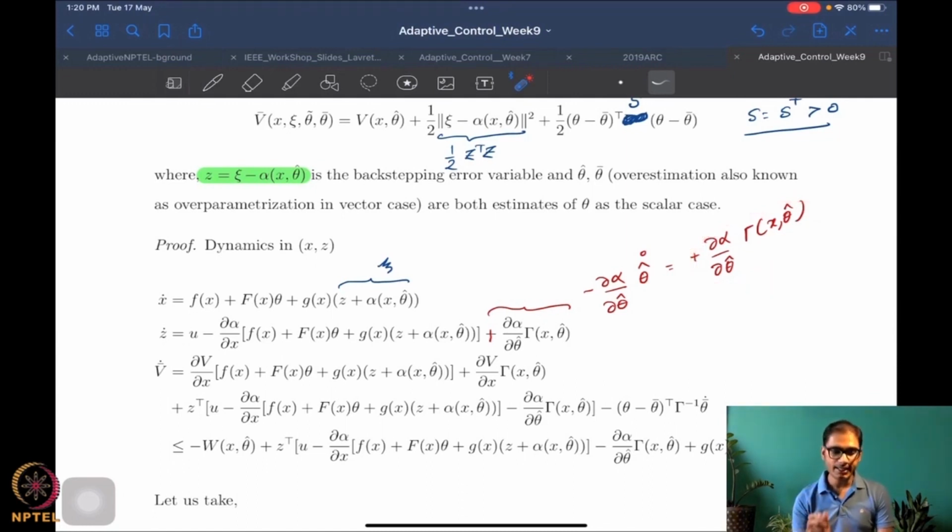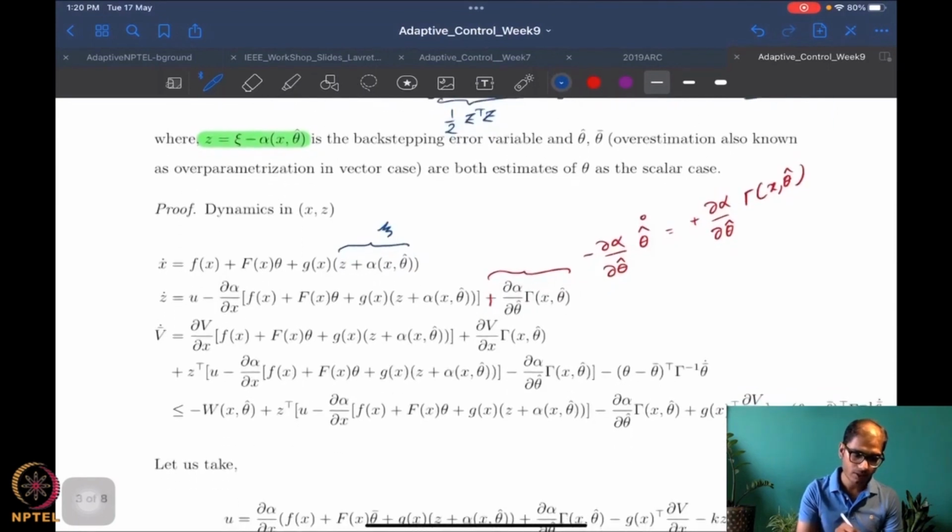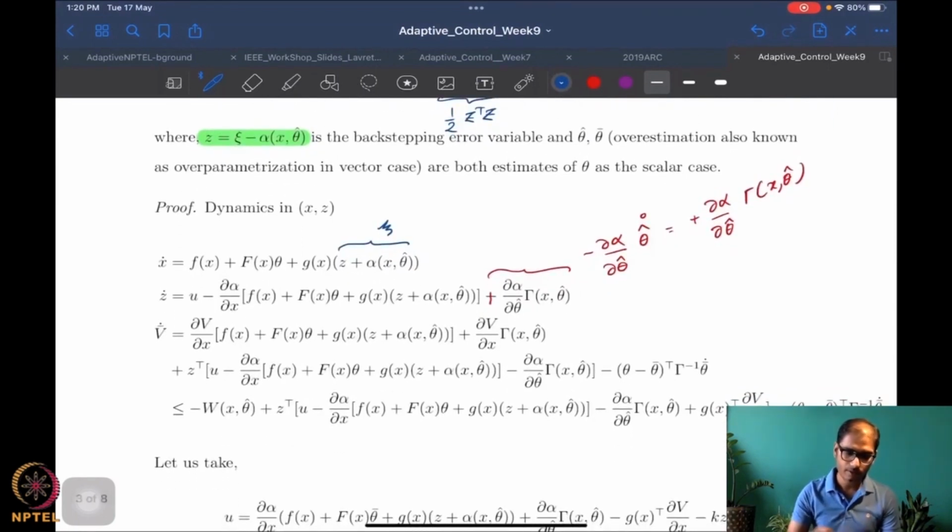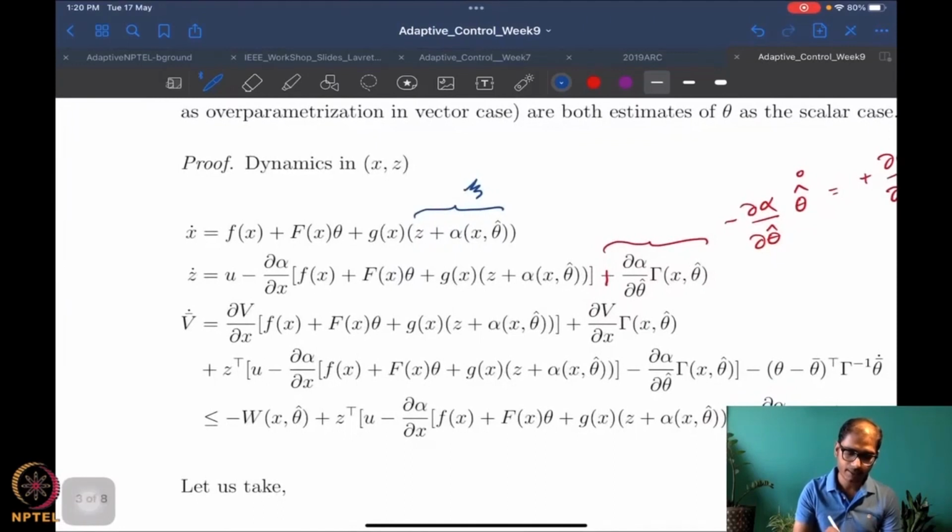So when I write it in this form, again, remember, what's the dimension of z? It's important that we remember all this. x is in R^n, of course, so I don't need to write it.